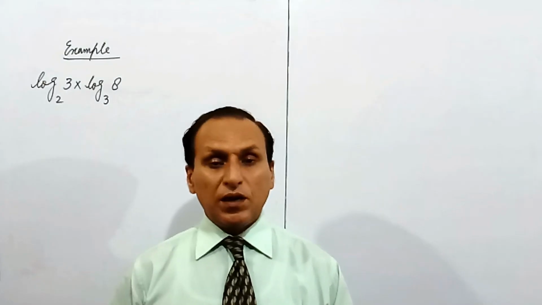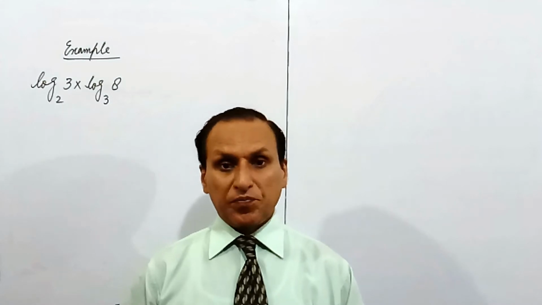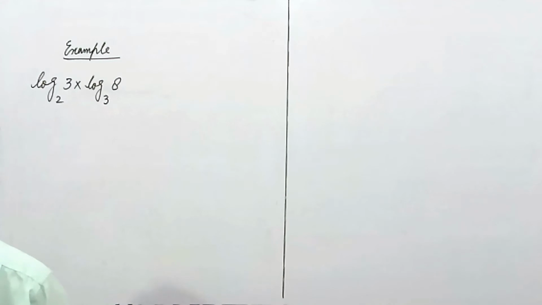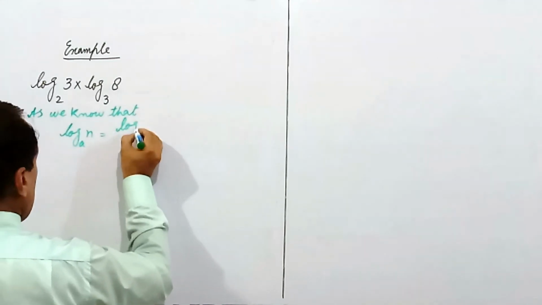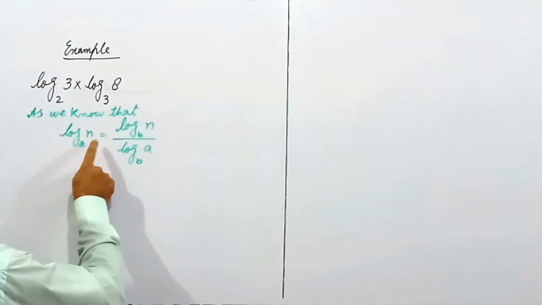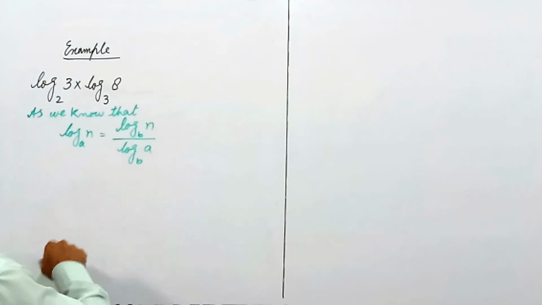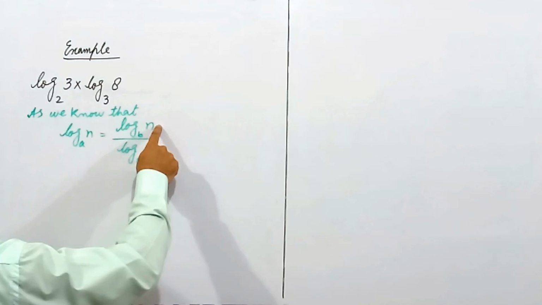Now we learn how this law will help us in the change of bases problem. As we know that log n to the base a is equal to log n to the base b divided by log a to the base b, we observe that log n remains in the numerator.